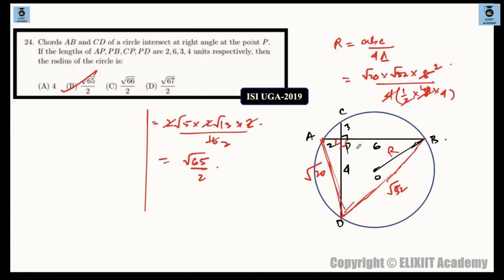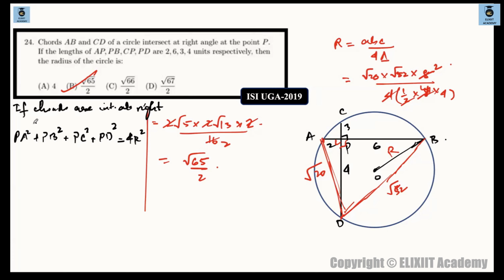If two chords are intersecting at right angles, always remember, then PA square plus PB square plus PC square plus PD square is equal to 4R square. You can write it down. It is a direct shortcut, use it and it will be done within 2 lines. So 2 square plus 3 square plus 6 square plus 4 square is equal to 4R square.